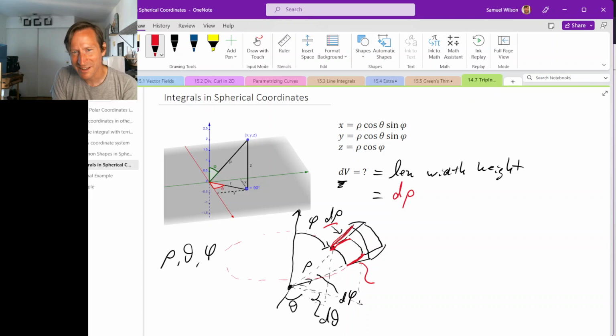So this length is part of a circle where the angle that we change is d theta, because that's the change in angle that we use to make this little arc.